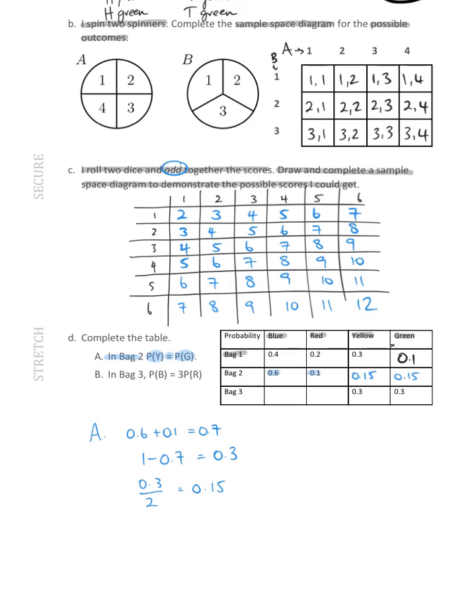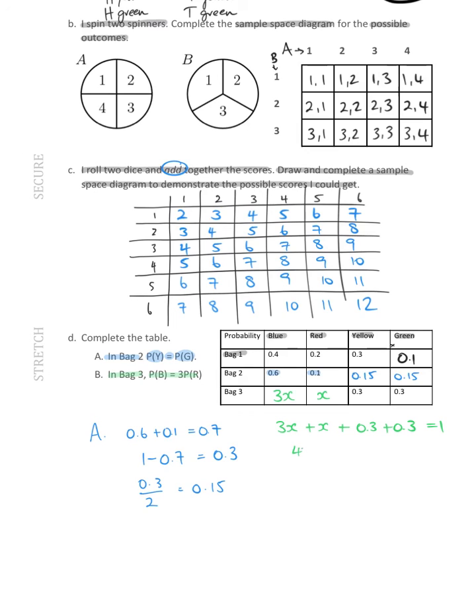Okay, now B, this is a real stretch question. So in bag 3, probability of B is 3 times the probability of R. So what I'm actually going to do is call red x, and the probability of blue is 3 times that, so that's 3x. Now I know that all of these add up to 1.